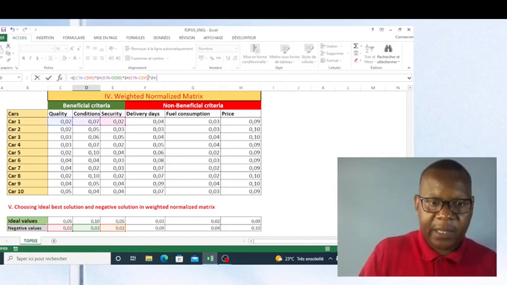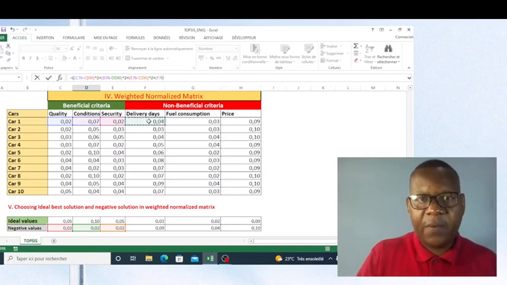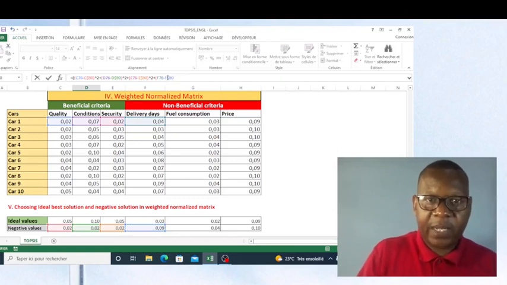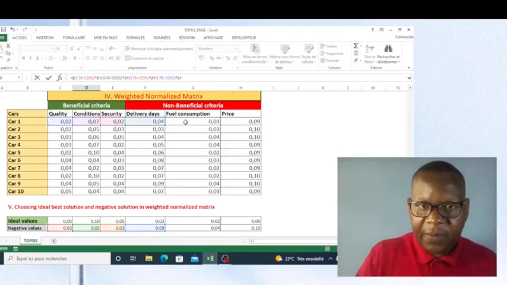plus parenthesis, this value minus this one, but I have to fix it so as to drag the formula down, to the power of 2, plus this parenthesis, this value minus this one, negative value.